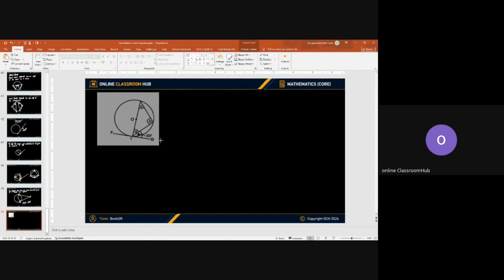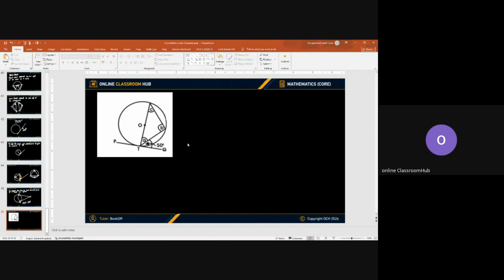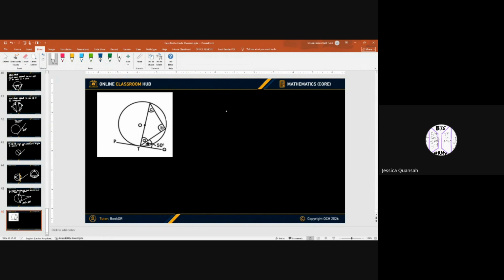So this is the first question. We are looking for the variables. Which one can you identify so easily? We are looking for A, B, C. What's the value of A?